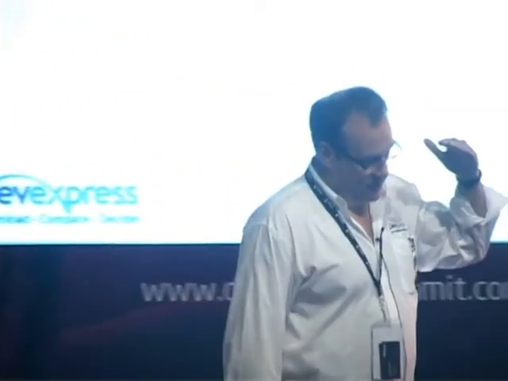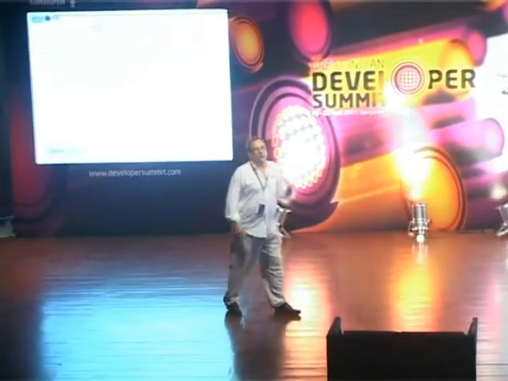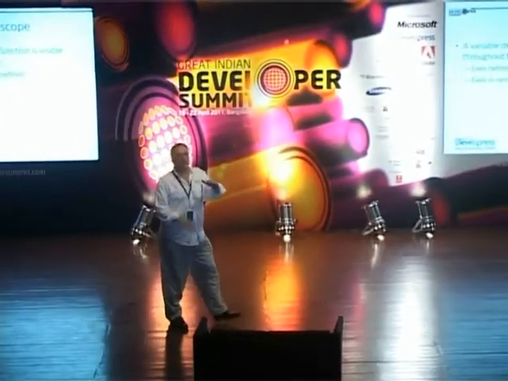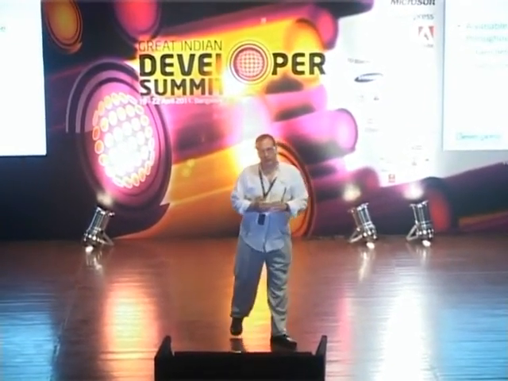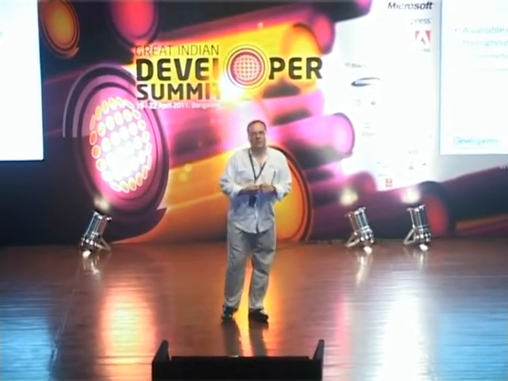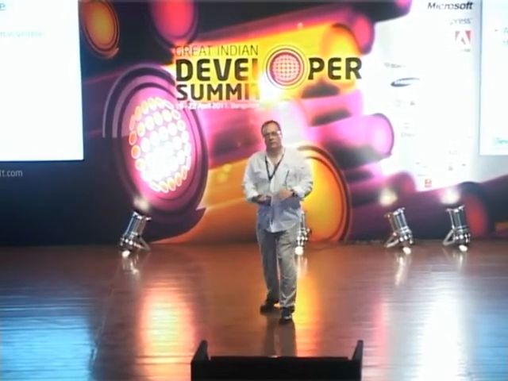Another weird thing: in C#, you declare a local variable, and that local variable is only visible after its declaration. In JavaScript, it's not. You declare a local variable and it's visible throughout the function, throughout the scope.